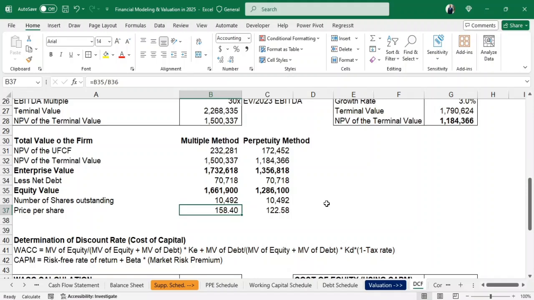All right, which I have already explained that we have used the conservative approach in this particular model, and so you could have a bit of these distinctions. All right, or if the multiple method is much lower than the perpetuity method, then perhaps our cash flow projections are overly aggressive, or perhaps the markets are undervaluing the business.